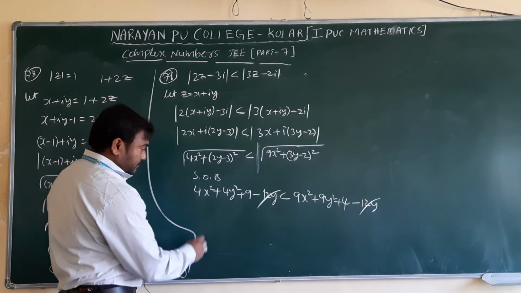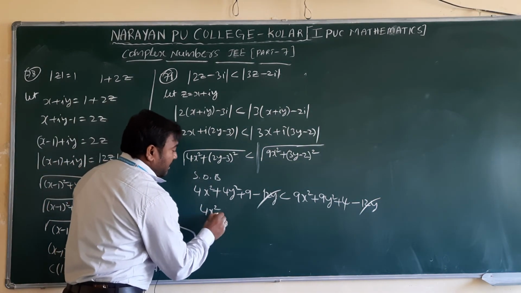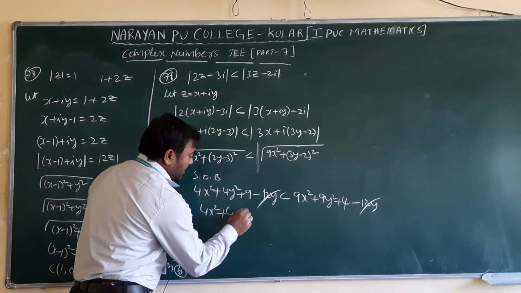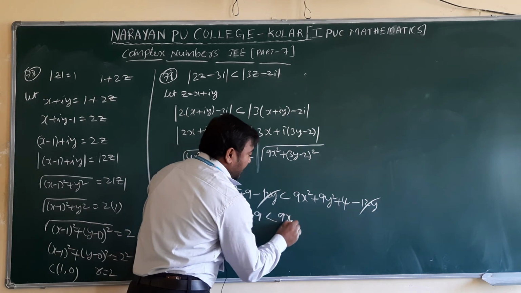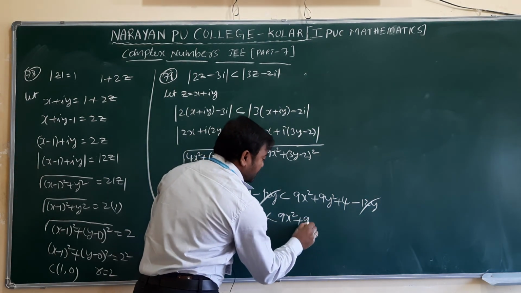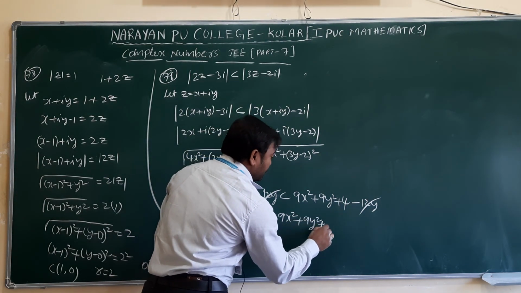So remaining, 4x square plus 4y square plus 9 is less than 9x square plus 9y square plus 4.